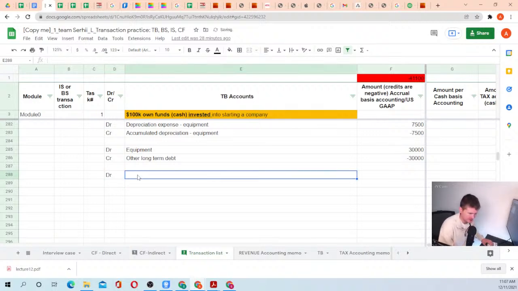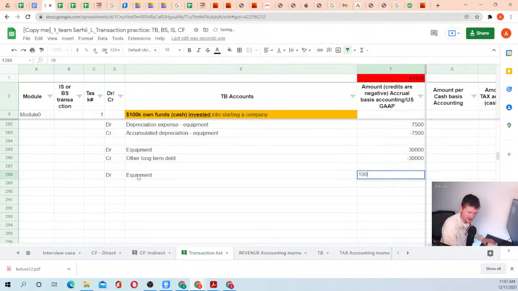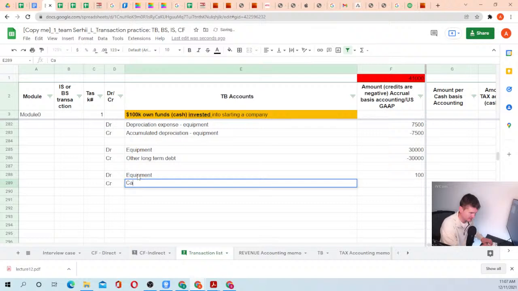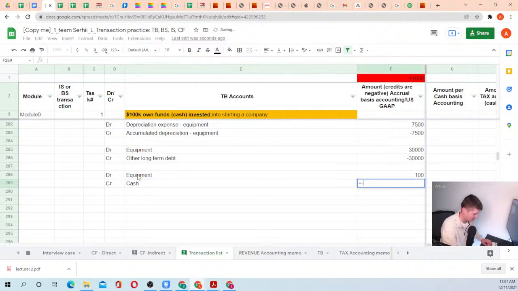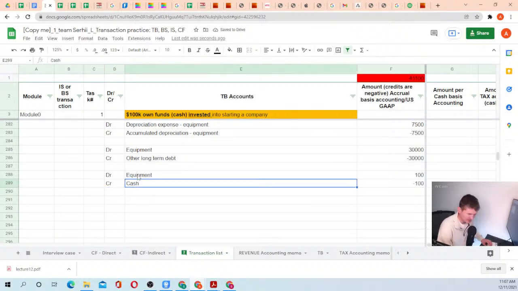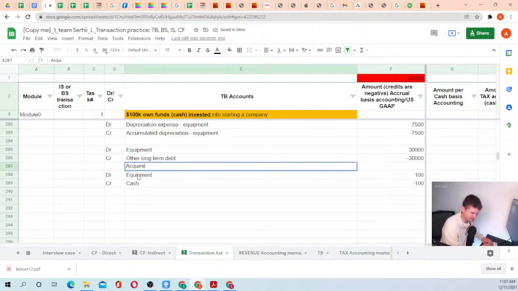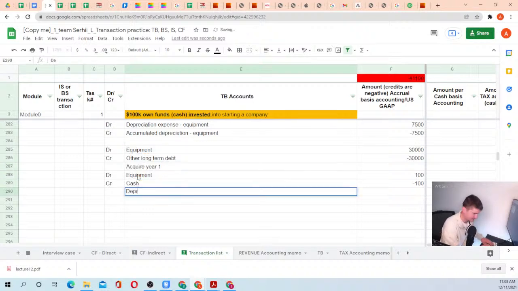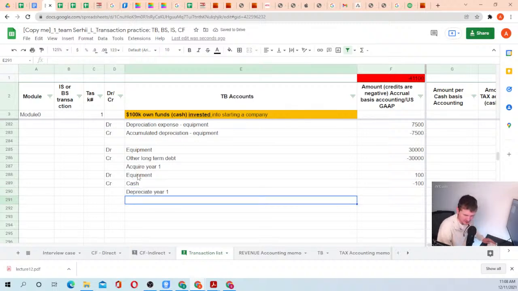So let's see. Our debit equipment was 100. Okay, and we paid with cash for that. And so depreciation for year 1, it was 5 years straight line.